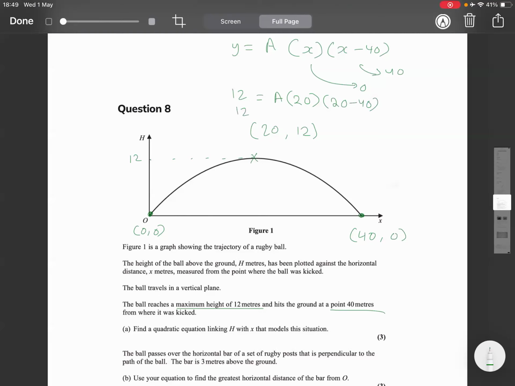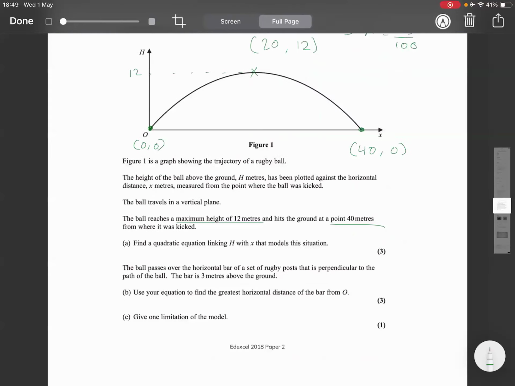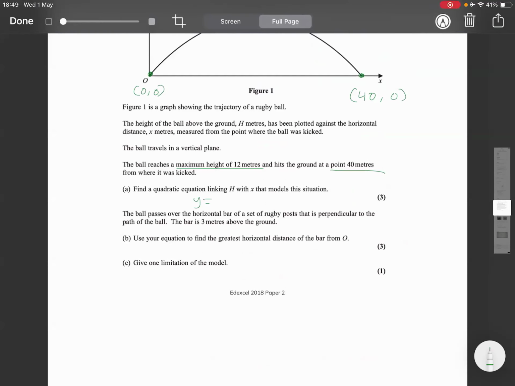So we get 12 equals minus 400A. And therefore A equals minus 3/100. So our final answer is y equals minus 3/100 x times x minus 40.